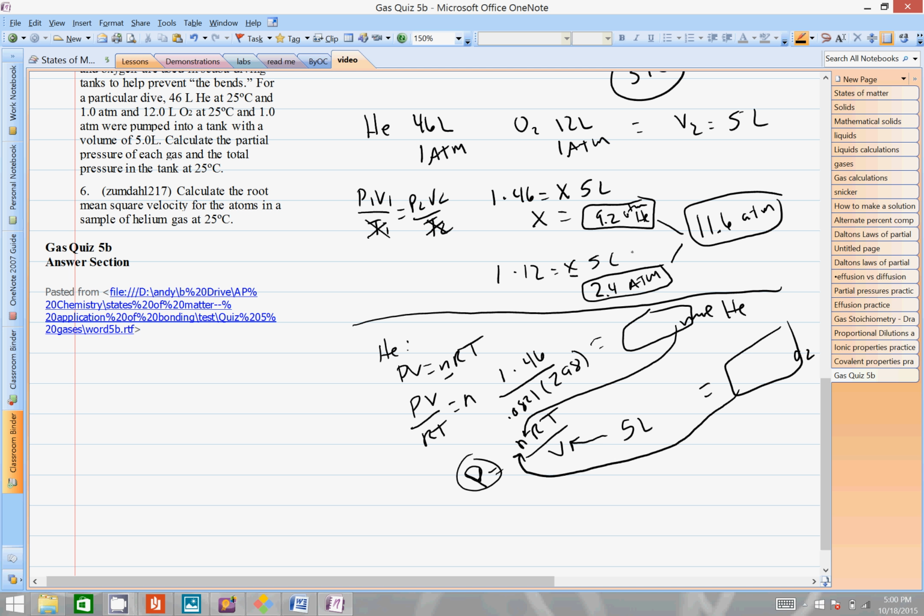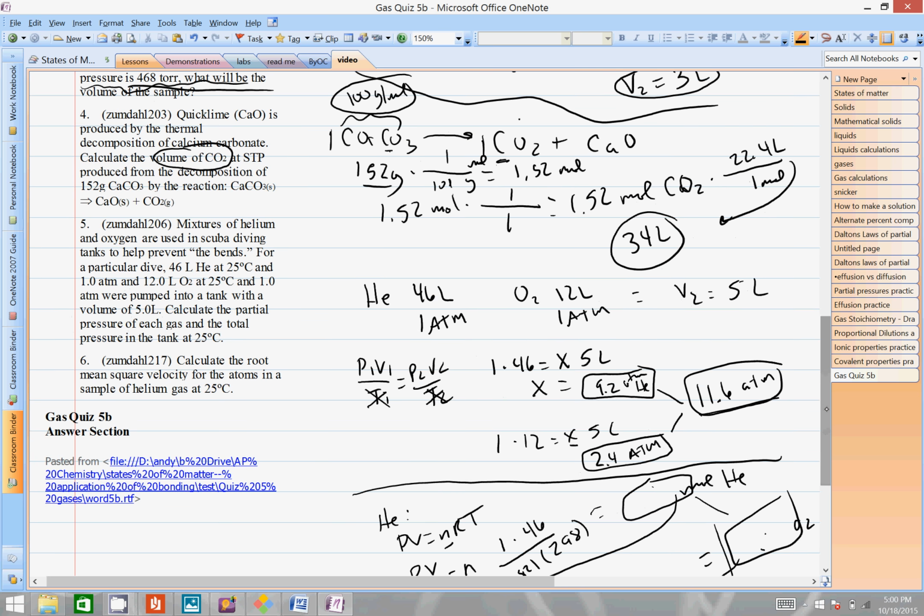You could then add them two together for your total pressure, 11.6. Or you could simply plug the two moles together in here, combine the moles, and plug them in, and you get your total pressure. Should get the same answer. Some people solved it both ways. And that is our quiz.